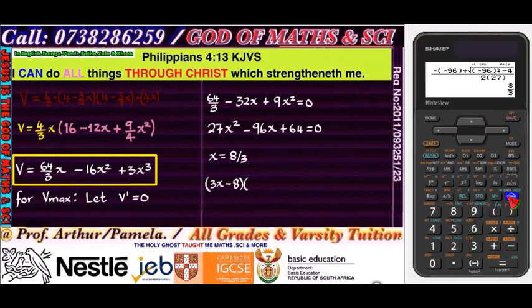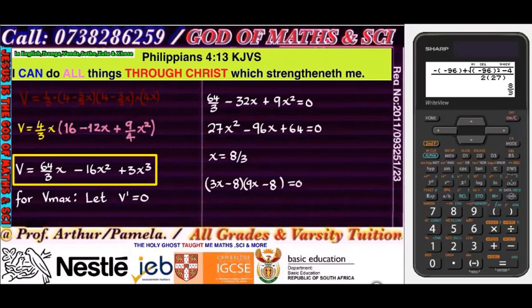Then to get the other part, it's very easy. I would have taken 27 divided by 3. It looks like it's a 9. Then I would have taken 64 divided by 8. It looks like 8 again. So it will be minus the 8 equals to 0.